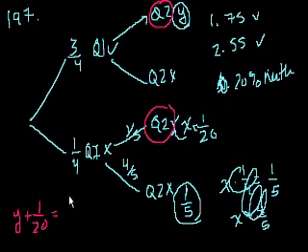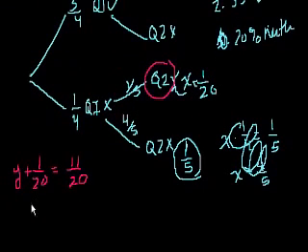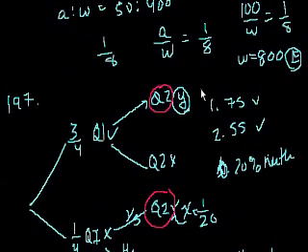So we could write that as 55 over 100, or we could divide both by 5, and you get 11 over 20. This is 11/20ths of the population. So what is y? We'll subtract 1/20th from both sides. y is equal to 11/20ths minus 1/20 is equal to 10/20ths, which is equal to 1/2. So 1/2 of the population got both the first and the second question right.